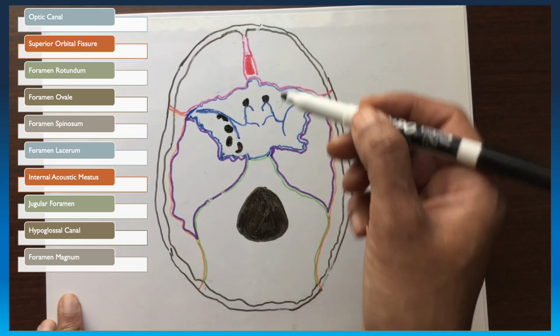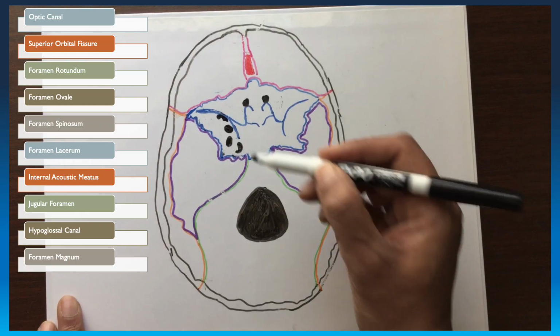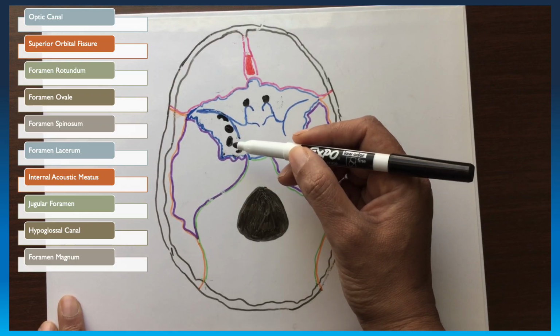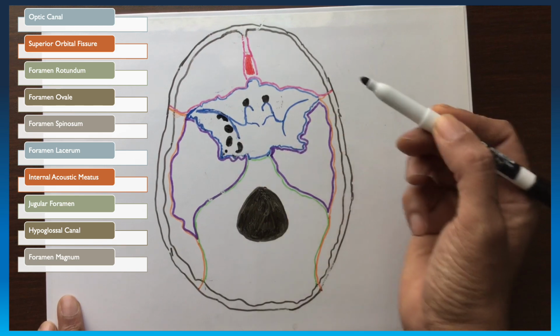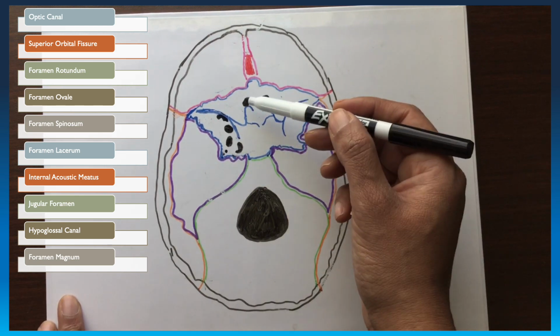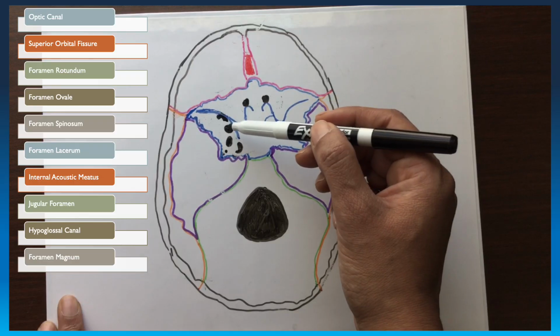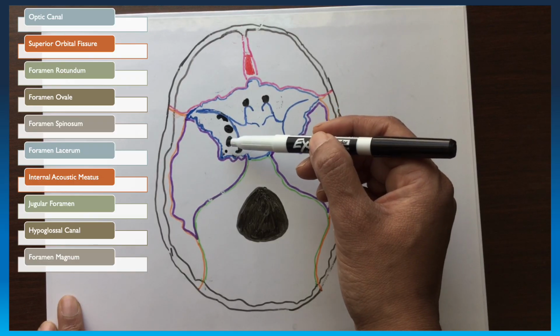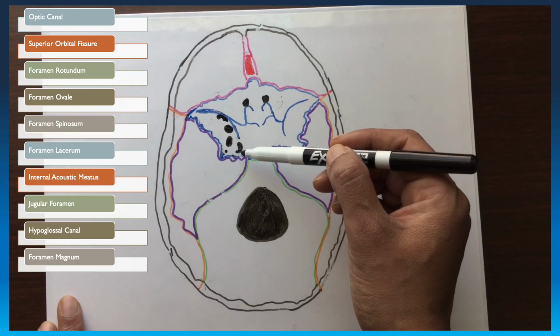And that's going to be right next to it, foramen lacerum. Okay, but we forgot one, didn't we? The spinosum. So that's just going to be a little dot right there. Okay, to review, optic canal, superior orbital fissure, rotundum, ovale, spinosum, and lacerum, right?